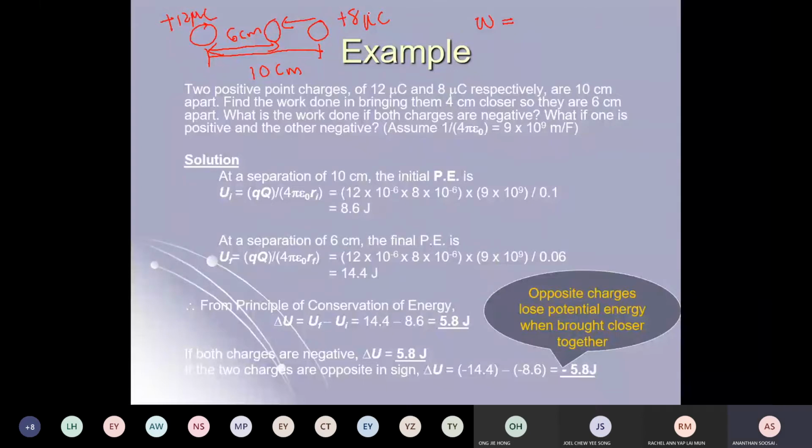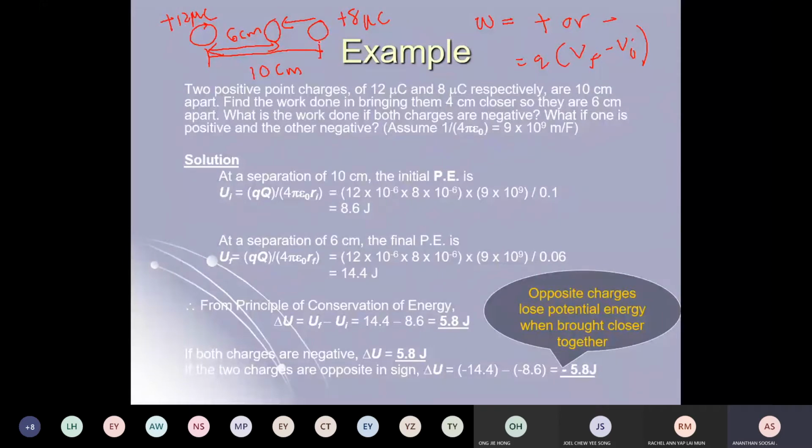Nicholas, without calculating, tell me, is the work done going to be positive or negative? Work done is Q times the final potential minus the initial potential. Or you can check the easy way: you check the type of charge.